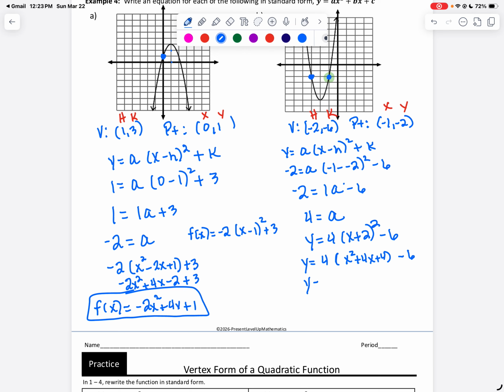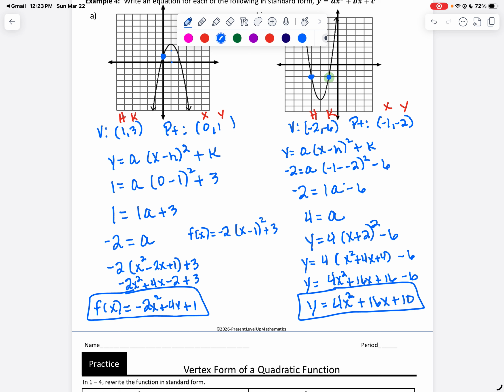Now distribute to get 4x squared plus 16x plus 16 minus 6. And then combine like terms. So y equals 4x squared plus 16x. 16 minus 6 is positive 10. And now you have the equation for the parabola written in standard form.